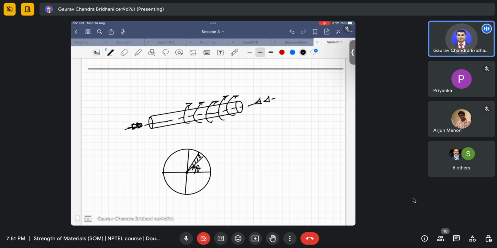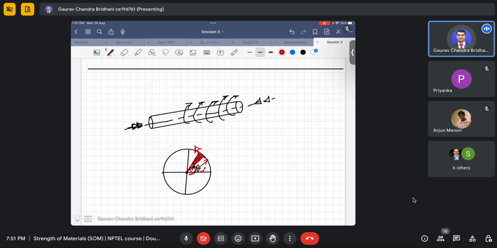When we apply a torque, this very small red color region will rotate, and that rotation will cause a stress something like this, which will be tangential basically, and it will depend on how far that place is where we are finding the stress.